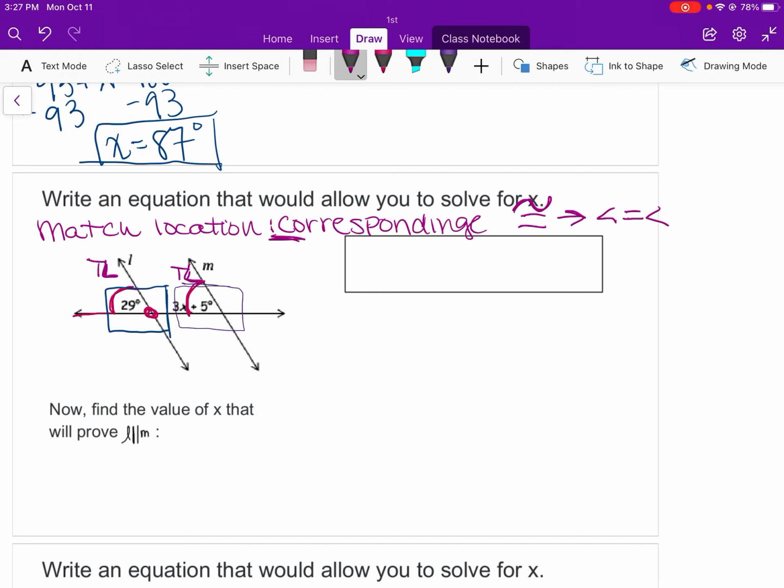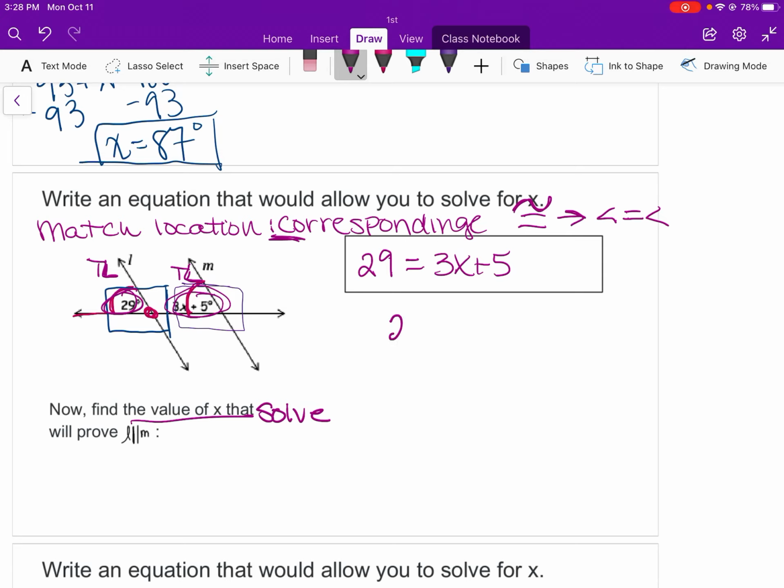So the equation is 29, that's my first angle, is equal to the second angle, 3x plus 5. Whatever was in this corner, I write it down as equal. Okay? Now, to find the value, all we're doing is solving.